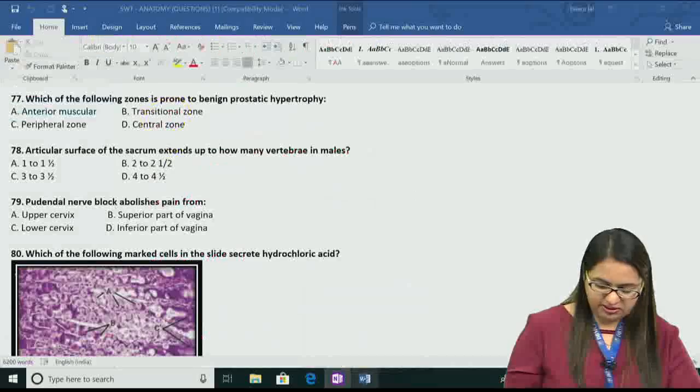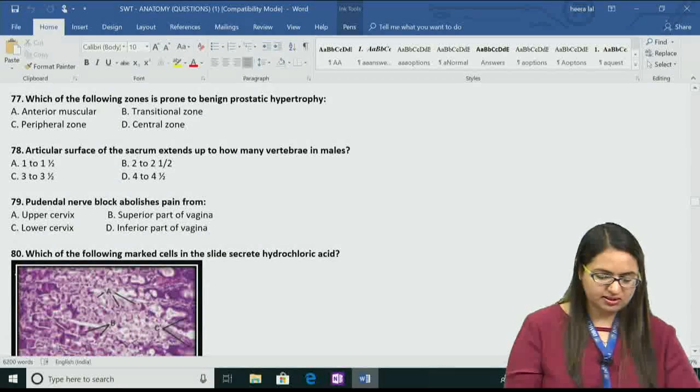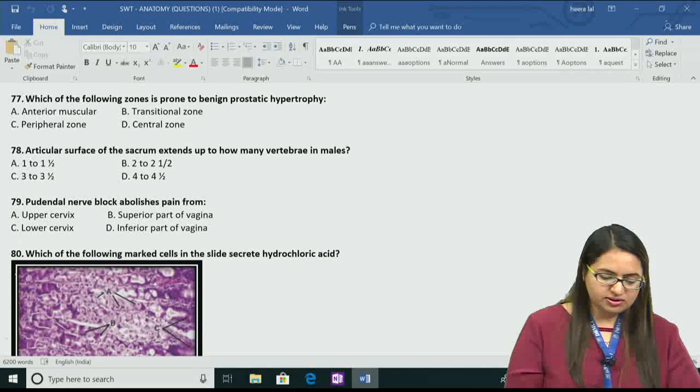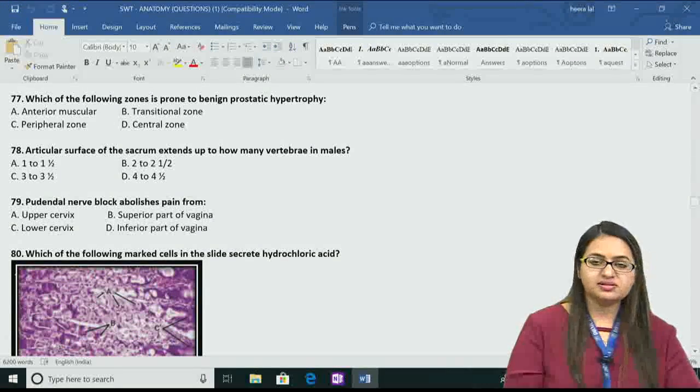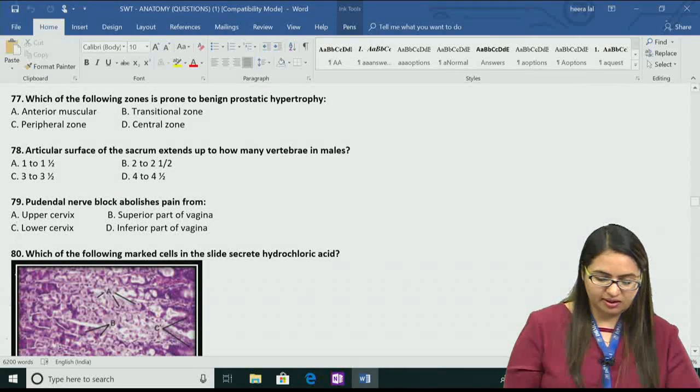And question number 78 is talking about the sacrum, asking that in males the articular surface extends for how many vertebrae? The answer for this is C. It is extending till either 3 or 3.5 vertebrae.